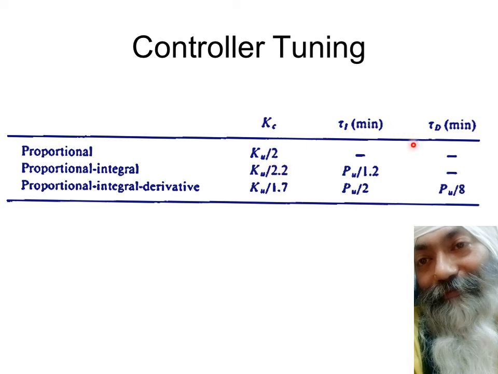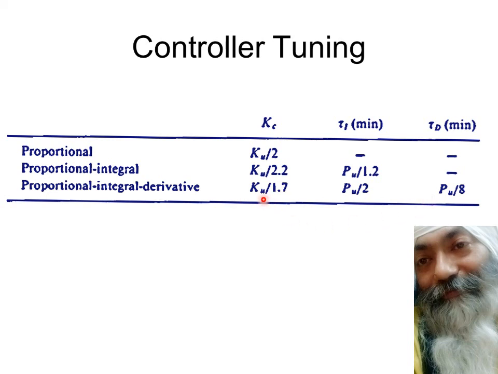And again, the moment D is introduced, the effect of D is to stabilize things, to dampen things, and therefore, because of the damping of the entire system, we can afford to have higher values of the gain. That is why, as compared to this, or even as compared to this, it is divided by 1.7. So this gain is highest in the case of the PID controller because of the effect of damping.